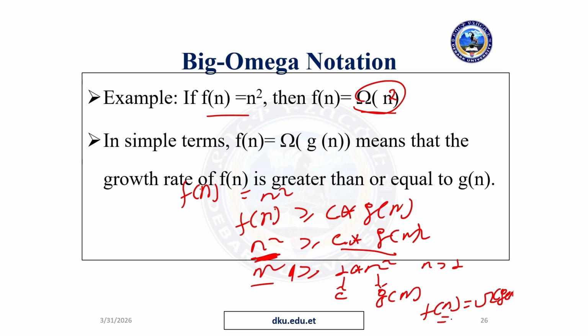So f of n equals omega of g of n, where g of n is n squared. So f of n equals omega of n squared. We can prove it just like this, which means any function less than or equal to n squared is a possible answer in the case of omega notation.